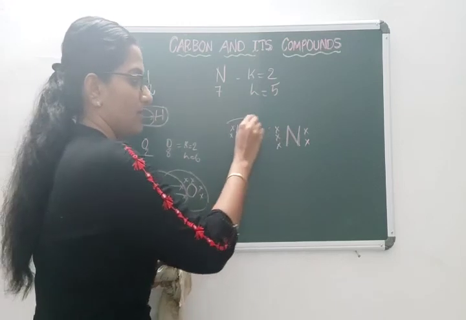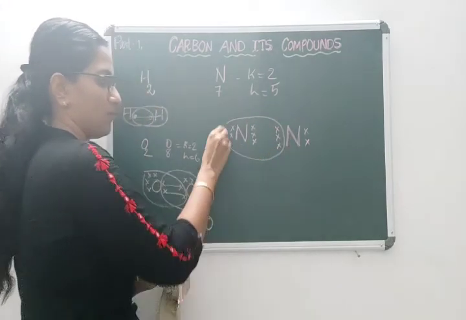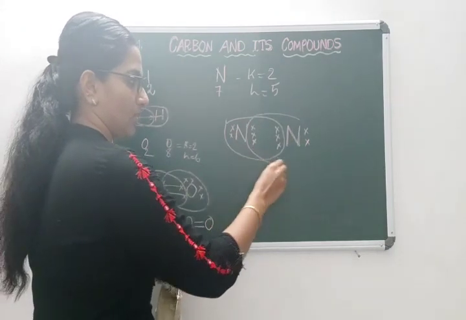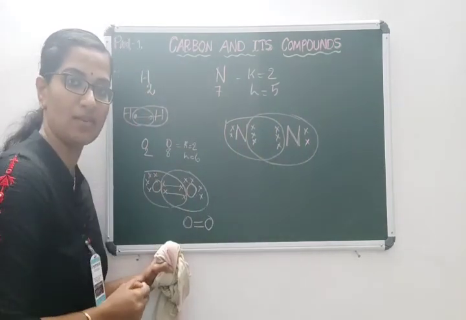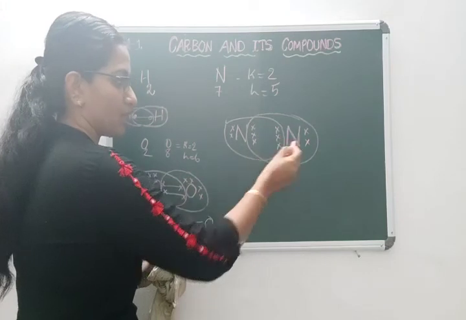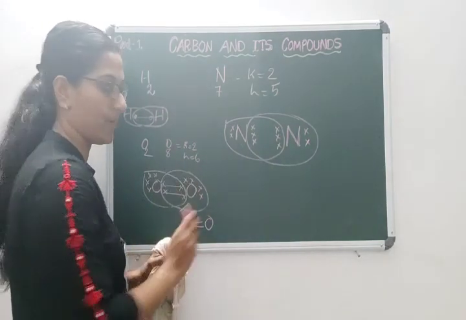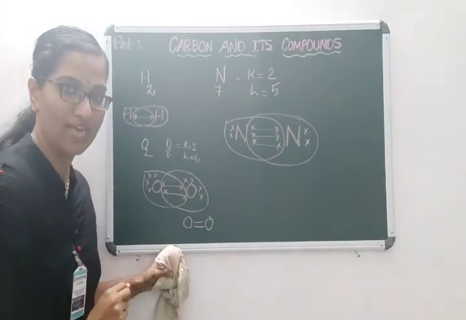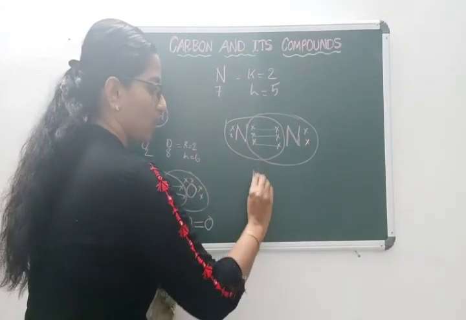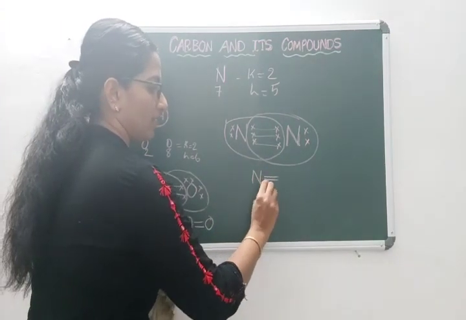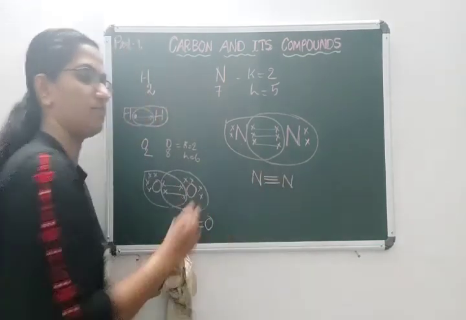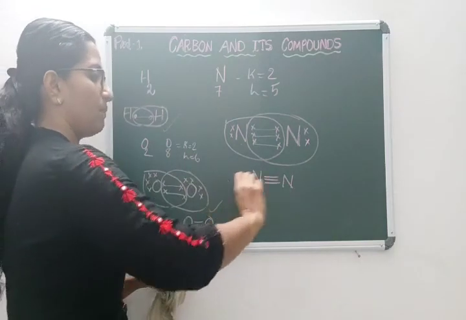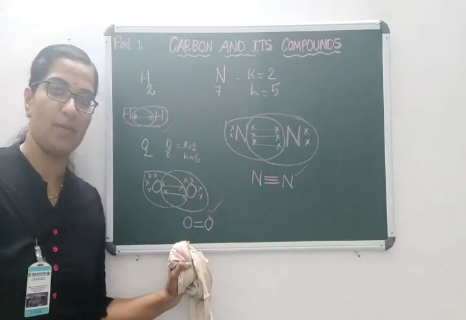Each will share 3 electrons, and then the octet is complete. Total how many electrons have been shared? 6 electrons. 6 electrons means 3 pairs. So a triple bond has been formed. The bond between nitrogen and nitrogen is triply bonded. Okay, and these are the examples of single bond, double bond and triple bond.